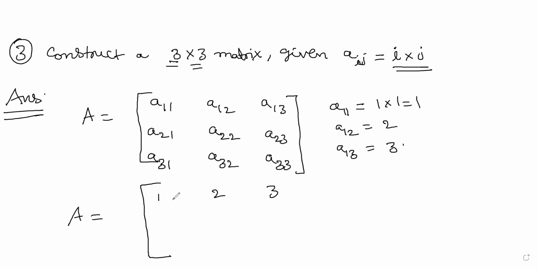Just take the product. 2 twos are 4, 2 threes are 6, and 3 ones are 3, 3 twos are 6, and 3 threes are 9. So this is how this matrix is generated.